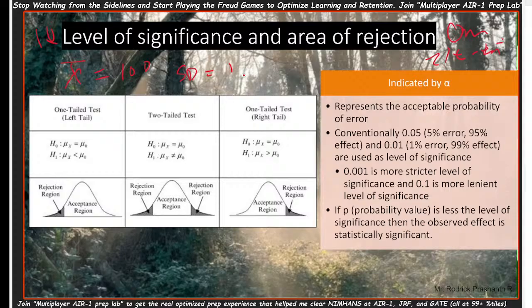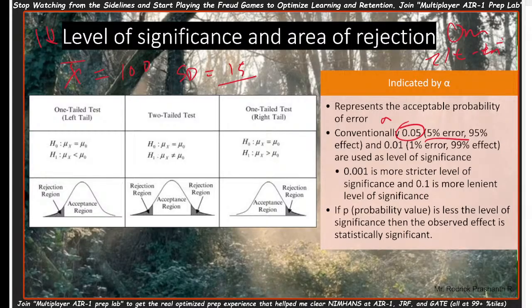So you've already been given this. Okay, fine. So now let us test it at 0.05, which is acceptable alpha level, which means 5% error is what we are accepting. So here error means chance.